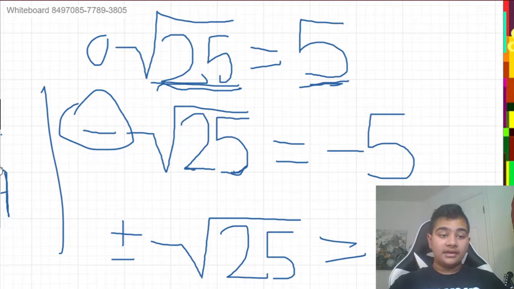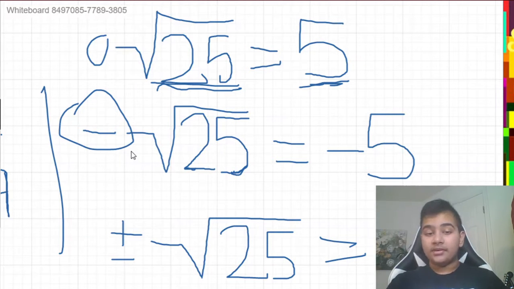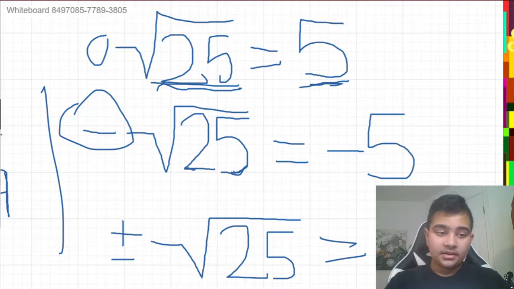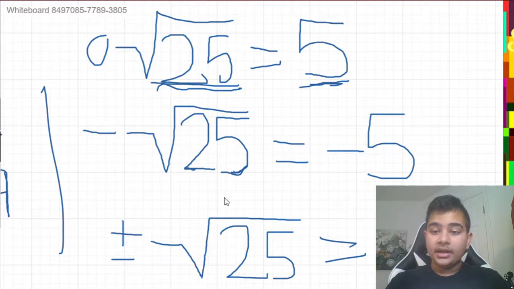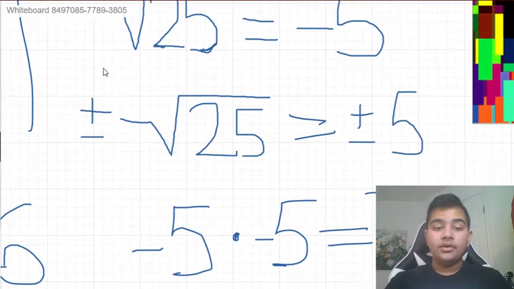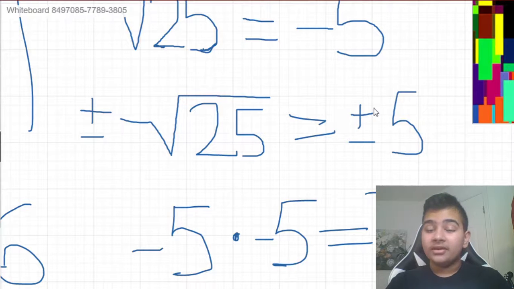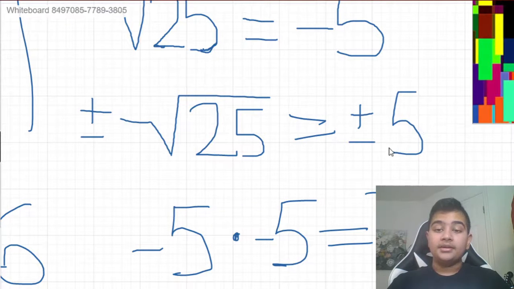But if there is a negative sign in front of it, then they want to see the negative result, which would be -5. And if they have both plus and negative, you write both signs in front of the number, because that number works both ways and they want to see both.